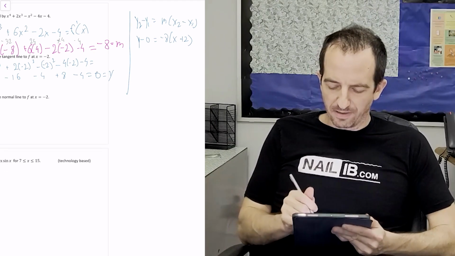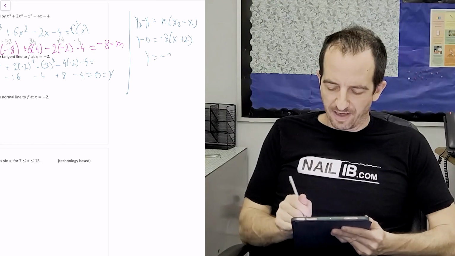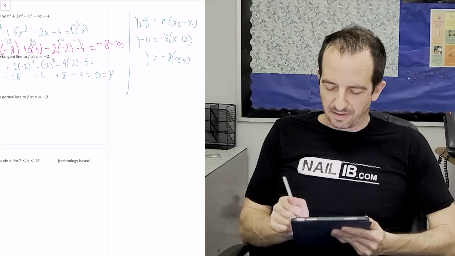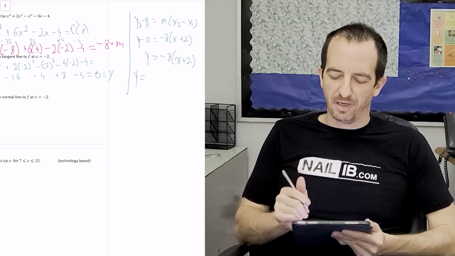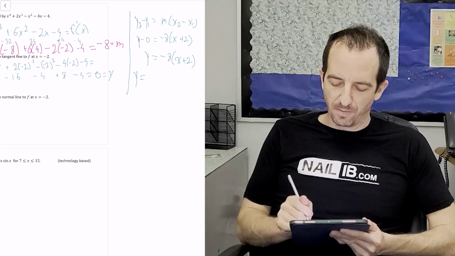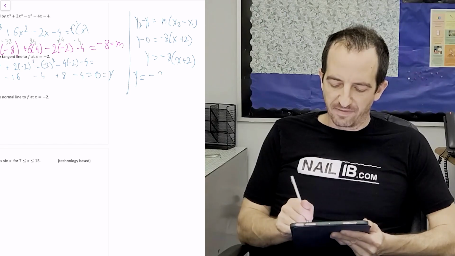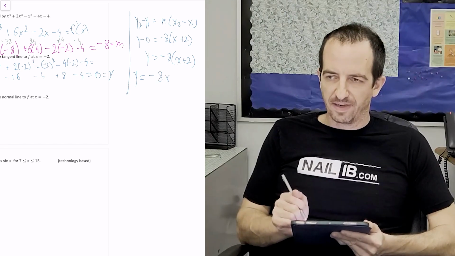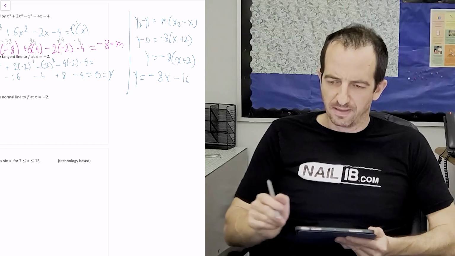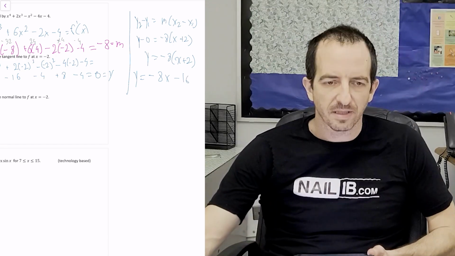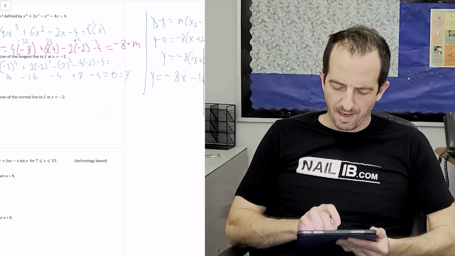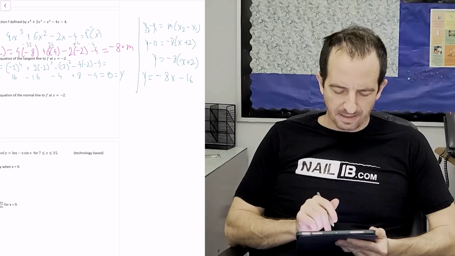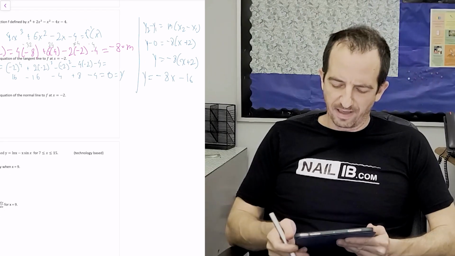Perhaps they would tell you to put it explicitly into y equals mx plus b form. Then we would have y is equal to -8x, take away 16. Good, so either form would work, and for our purposes we'll leave it like that.